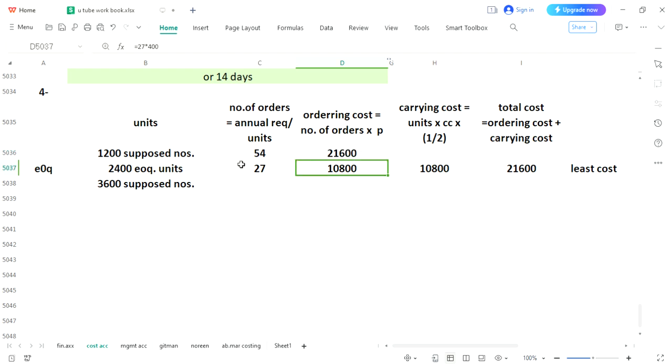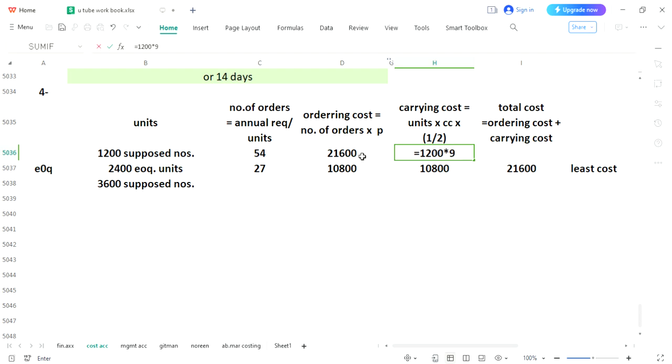Right now you can see that your cost is higher than that of economic order quantity. Let's see what happens to carrying cost. For that we need the number of units, 1200 as usual, and you will multiply it with carrying cost, and carrying cost was calculated as 9.